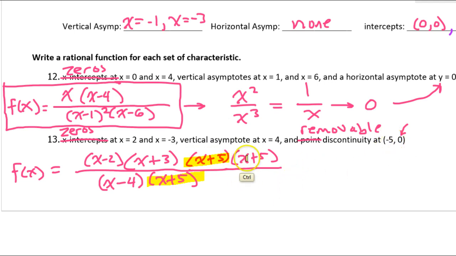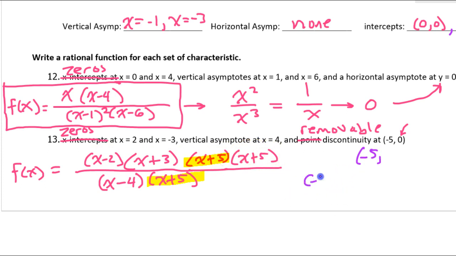However, because I have this extra x plus 5, then after I plug that in, in order to find the y value that goes with the -5, I have these 3 factors in the numerator.